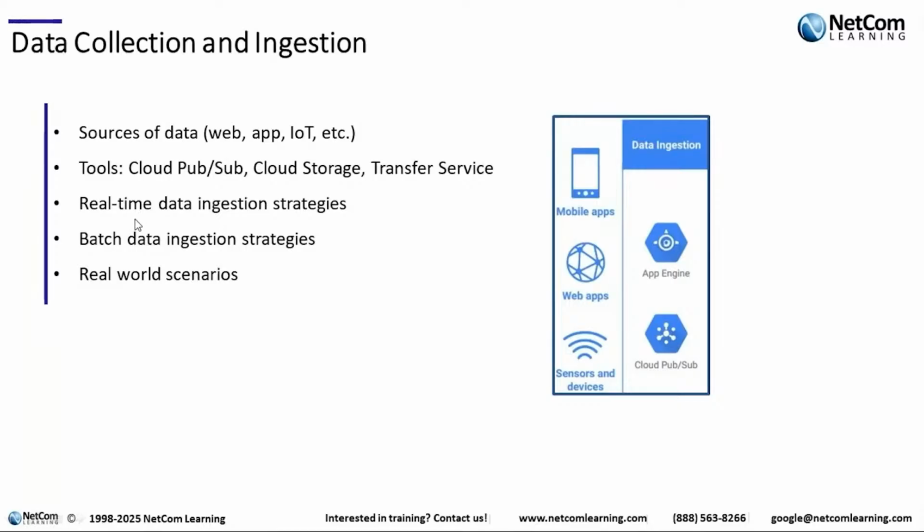The first one is the stream processing strategies. That means the live stream of data is being considered from a given source of data like IoTs, and accordingly the stream processing tools are implemented. An example of a stream processing tool would be Cloud PubSub.